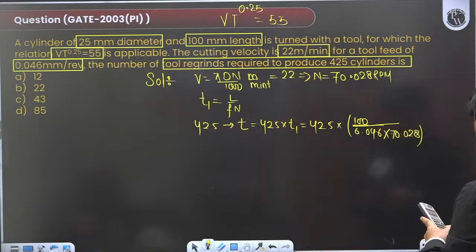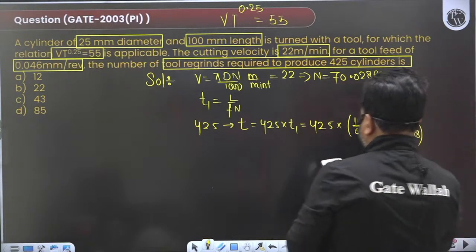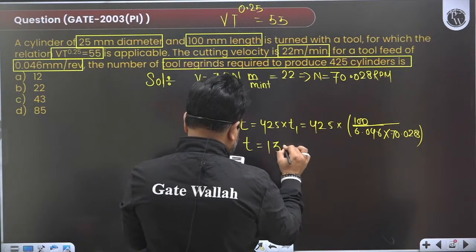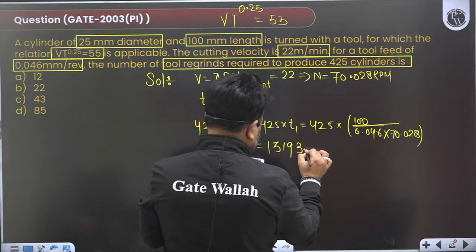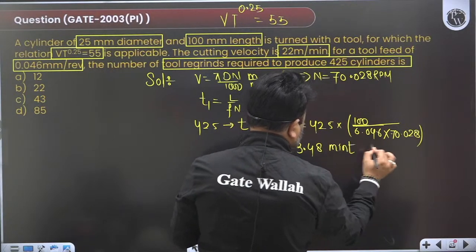So 100 divided by 0.046 into 70.028, answer into 425. So that much time is needed, 13193.48 minutes. This is the total time.